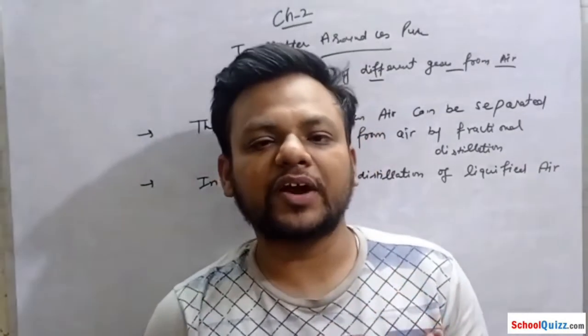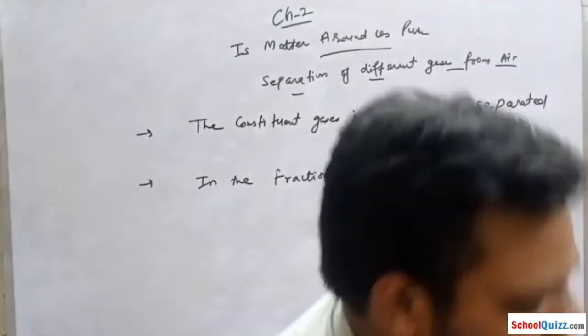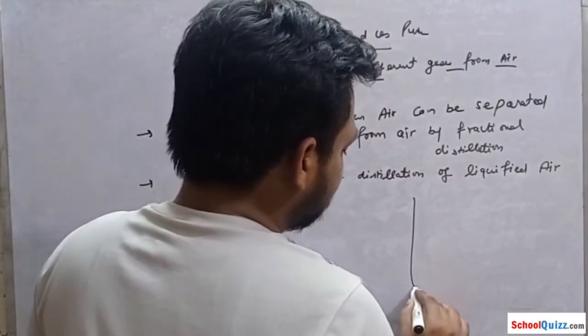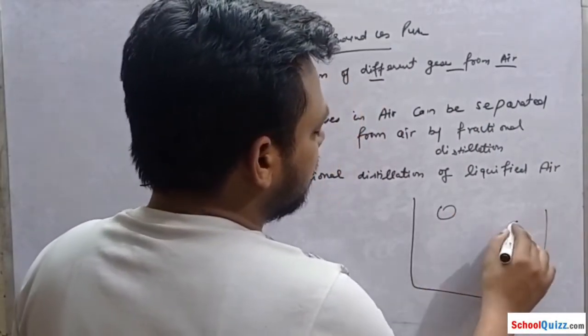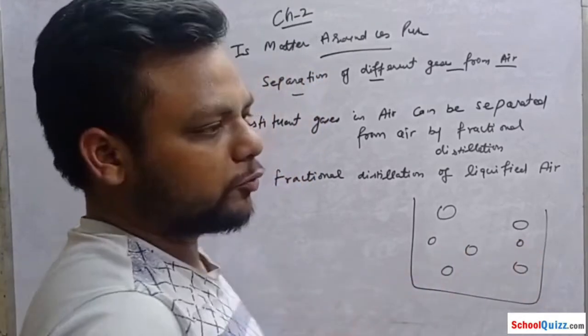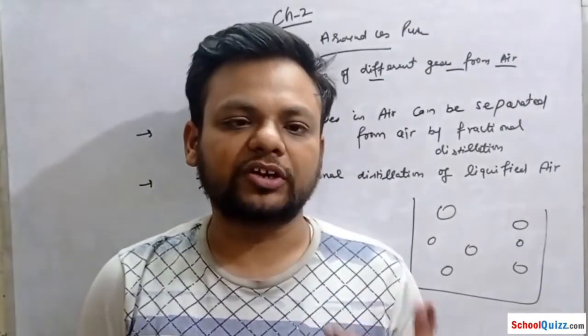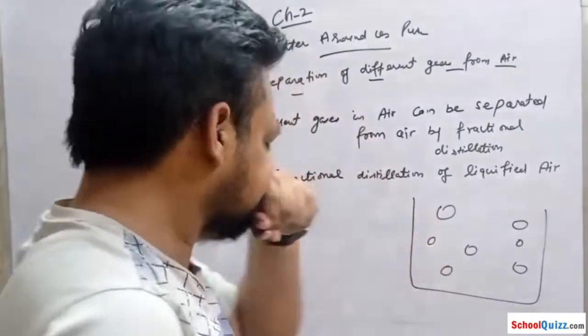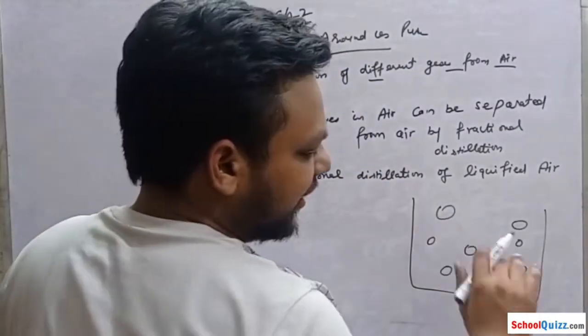So how will we liquefy the air? We will put pressure. Suppose in this container there are molecules of gases. If we want to liquefy that, what can we do? We can increase its pressure.